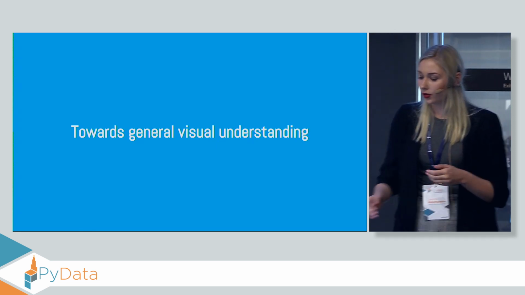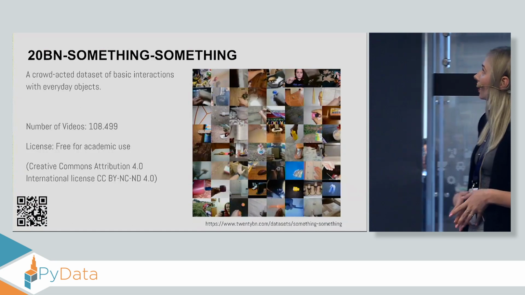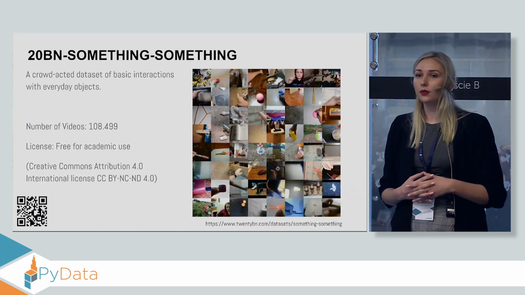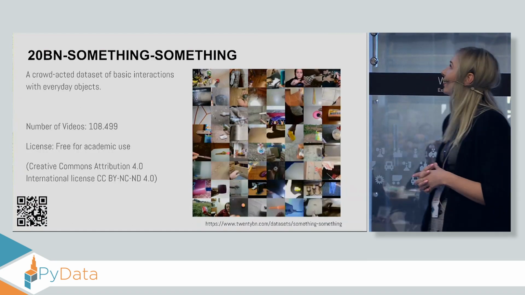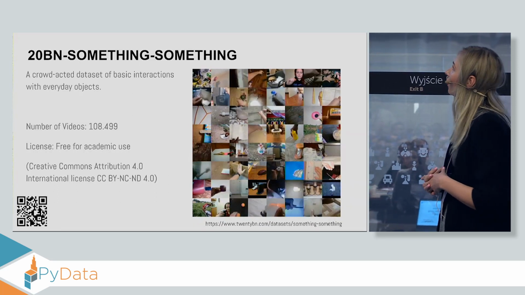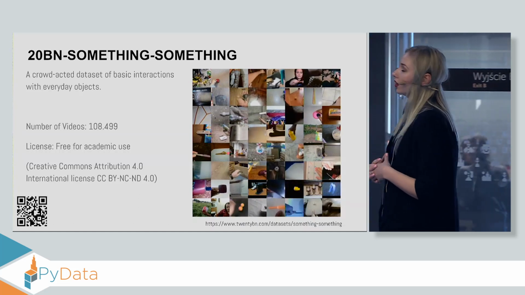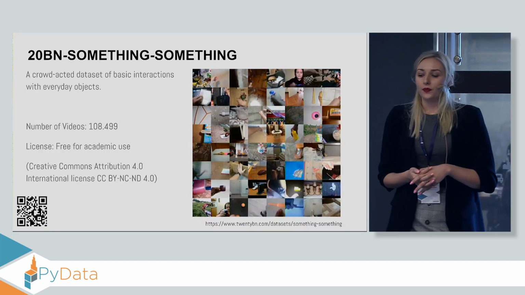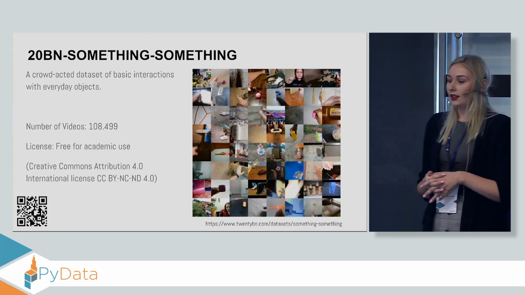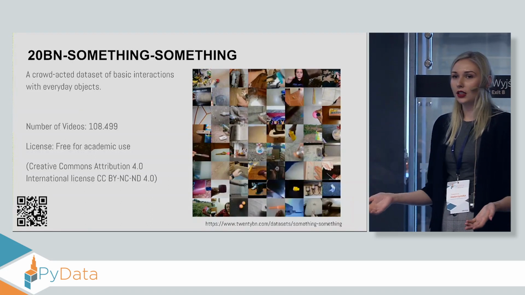And we actually also published another data set, which we called the something something. It's a data set of basic interactions with everyday objects. So our goal here is to build a system that can understand physical relations between objects.